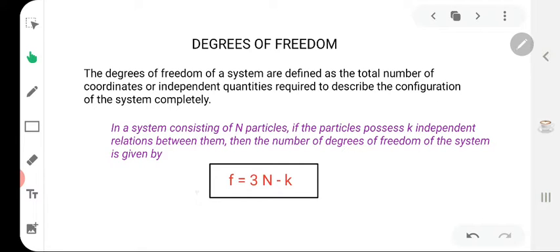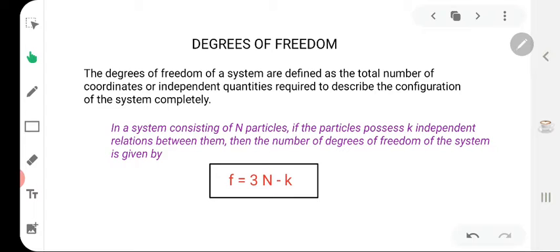Let us consider a system comprising of n particles. So, for a system consisting of n particles, if the particles possess k independent relations between them. Now, what does that mean? Depending upon the number of particles, suppose we are talking about the position.